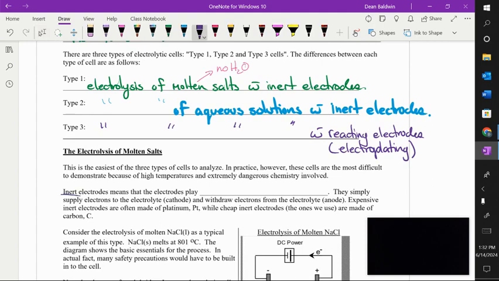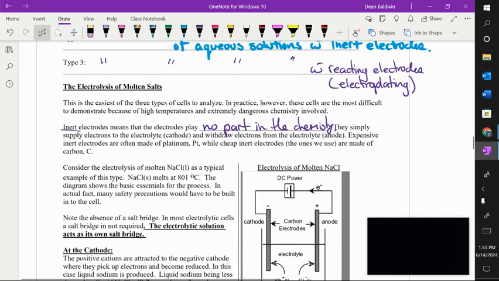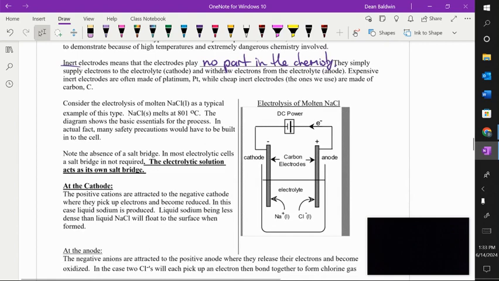And just a quick review, the inert electrodes play no part in the chemistry. All right, so you don't need to have two separate beakers like we did in electrochemical cells. All right, you can do it all in one beaker.